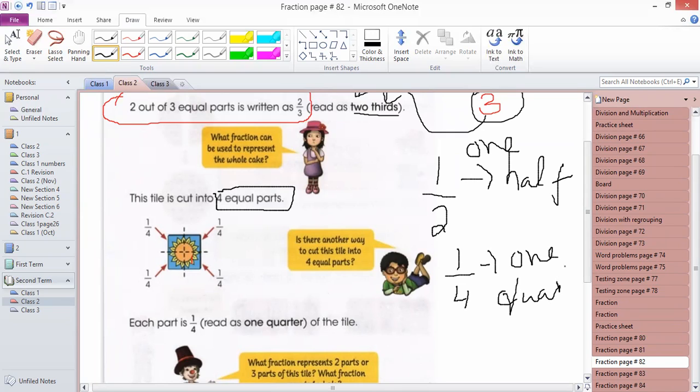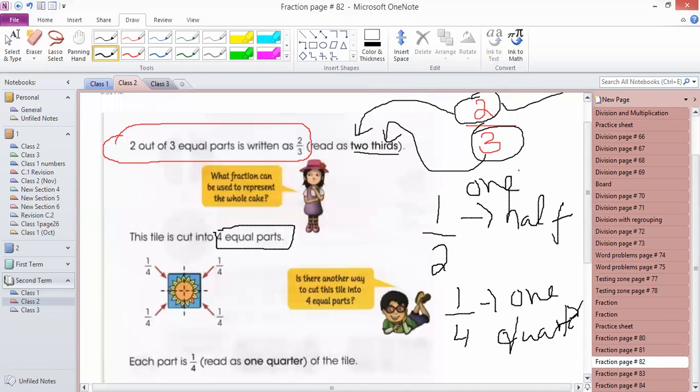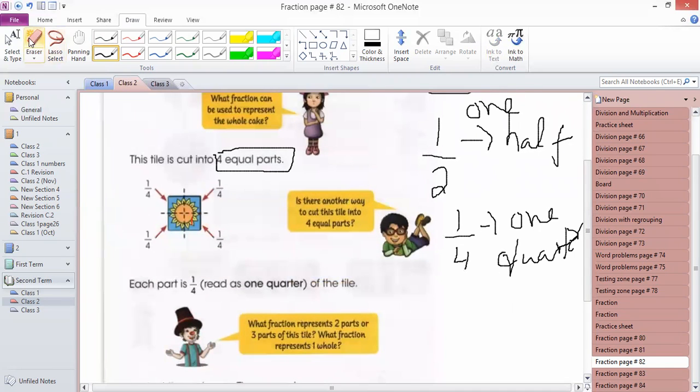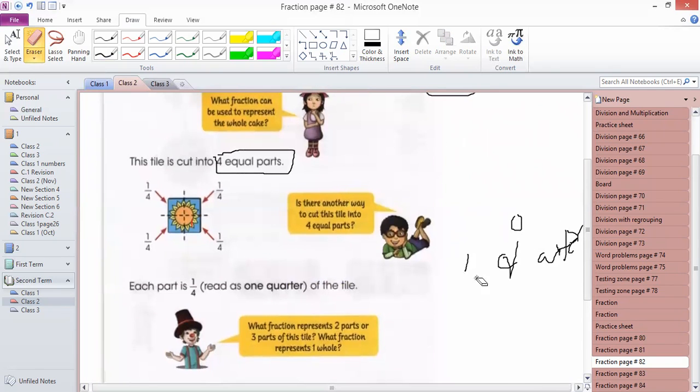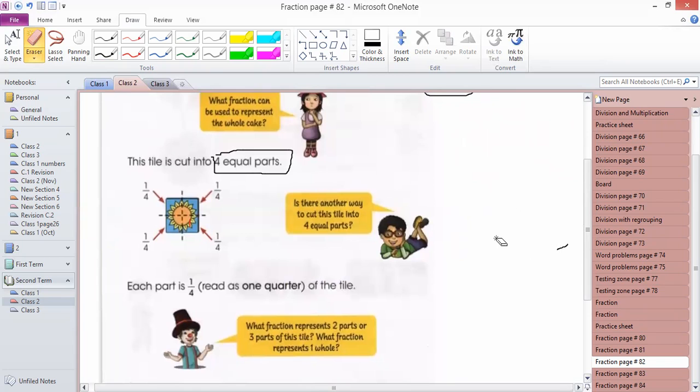In the beginning, we studied that whenever you have the fraction 1/2, you will always say it is half. Whenever you have the fraction 1/4, that means it is a quarter. So you will not read them as one second or one fourth. Here each part is read as a quarter.